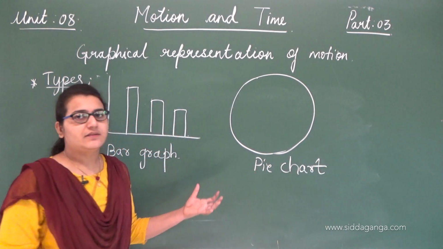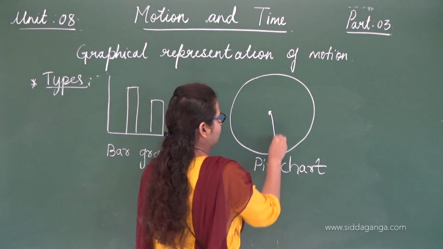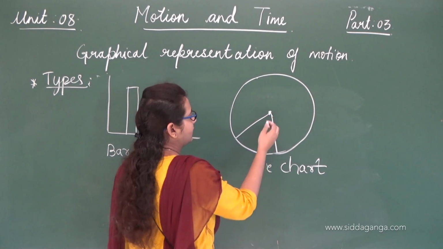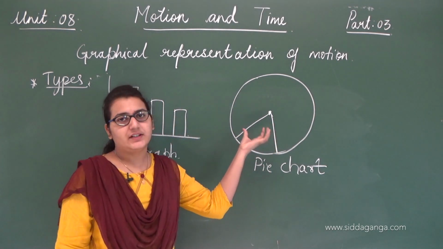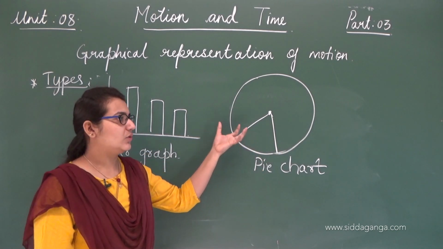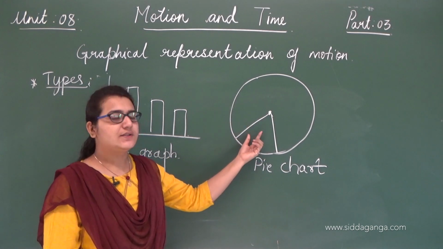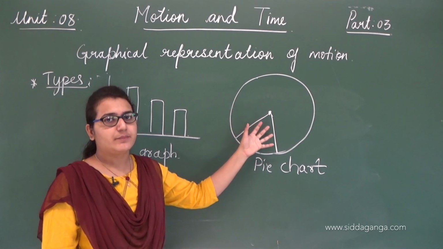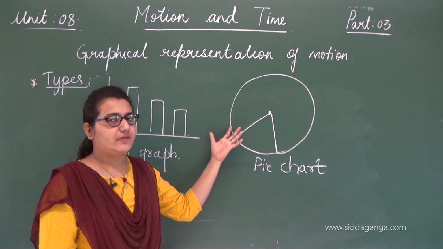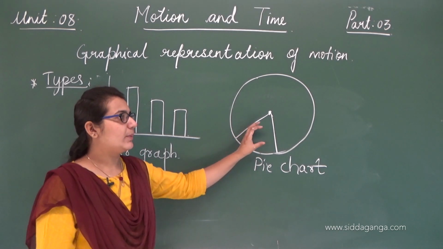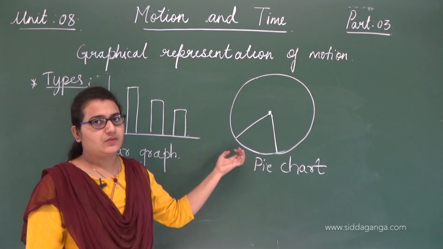Whatever data we have, we'll represent it like this. A part of this pie chart represents, for example, how many students like a particular fruit. A particular part represents the data.